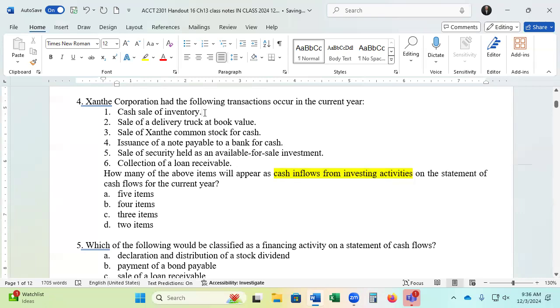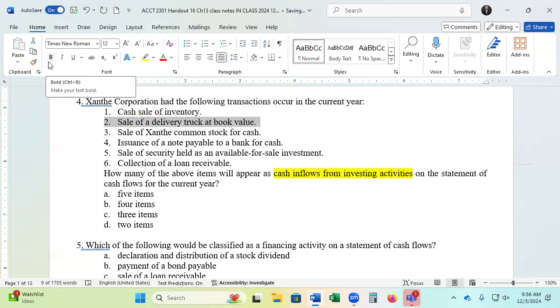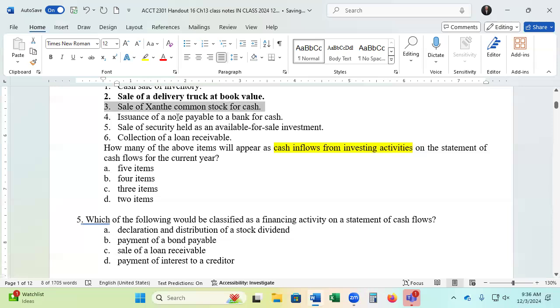So cash sale of inventory is operating. Sale of a delivery truck at book value, assuming you use the truck for your operations and that wasn't your business, that would be the first one. Sale of common stock for cash would be financing. Issue a note payable to a bank for cash is financing.